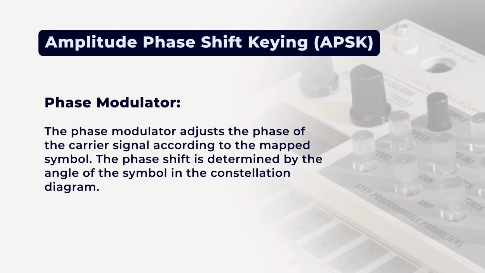Phase modulator. The phase modulator adjusts the phase of the carrier according to the mapped symbol. The phase shift is determined by the angle of the symbol in the constellation diagram.